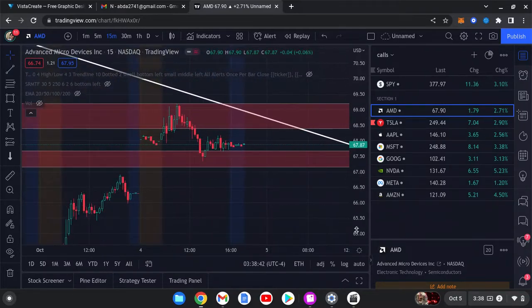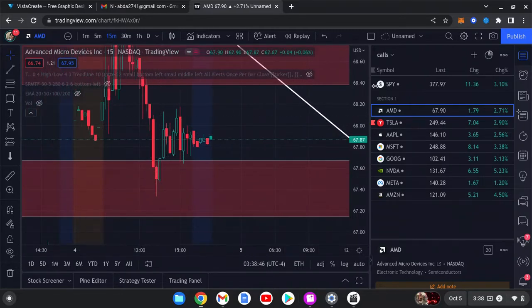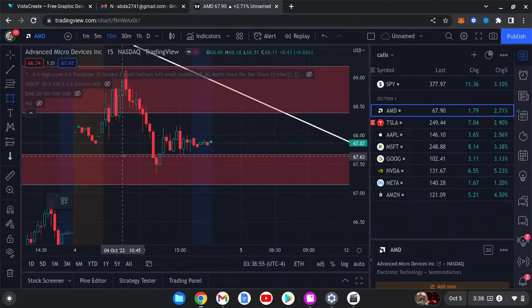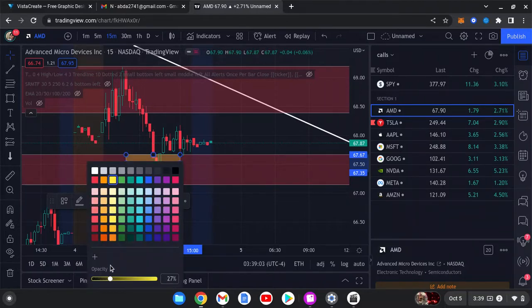But I was looking for calls once it came into this demand zone right here. And I'll show you where I kind of went wrong. So I'll highlight this area. This is when it kind of came into our demand zone. We'll make that yellow just so we can focus on that a little bit.